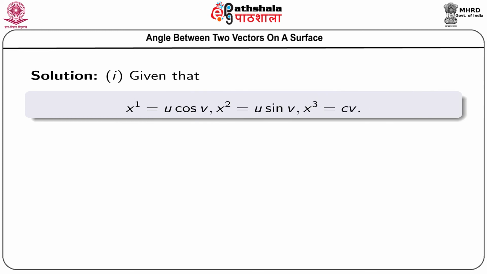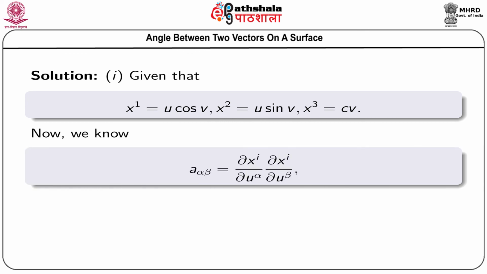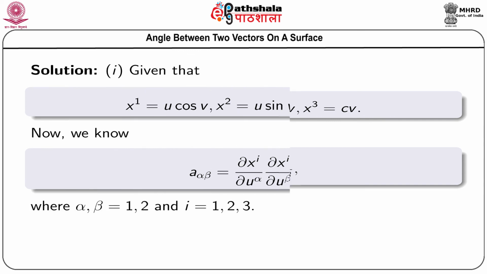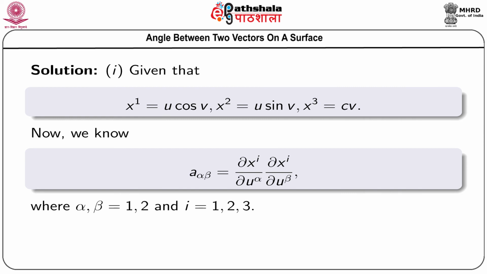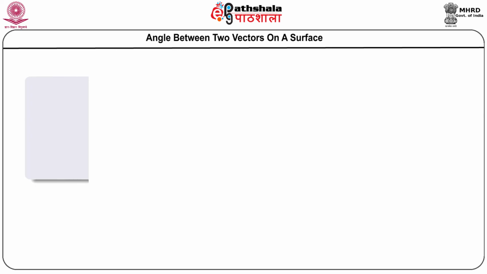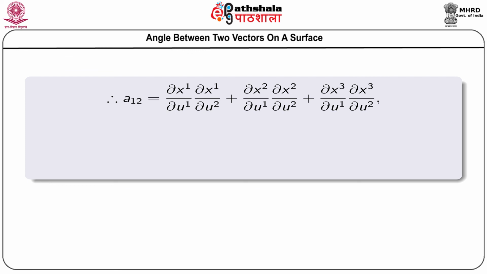So, for the first one, where the equation is given by x1 equal to u cos v, x2 equal to u sin v and x3 equal to c v, if we calculate A alpha beta by the formula del xi del u alpha del xi del u beta, where alpha beta is running from 1 to 2 and i is running from 1 to 3, we have A12 equals to this expression, and if we calculate, we are getting A12 equals to 0.